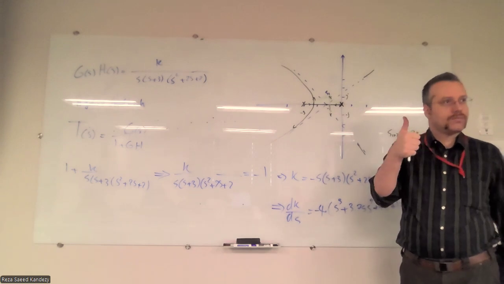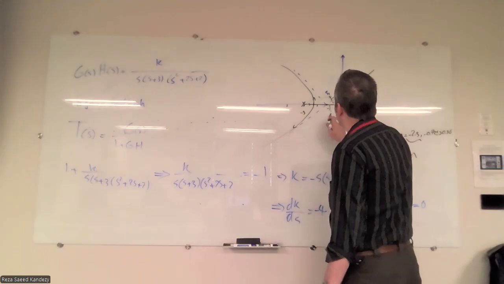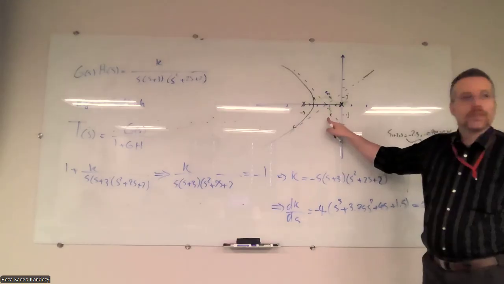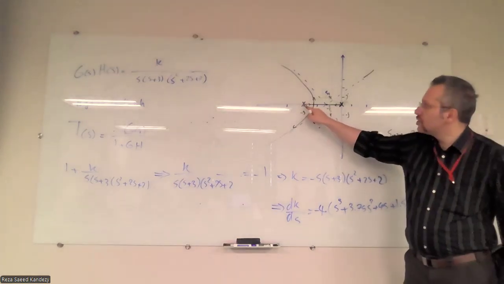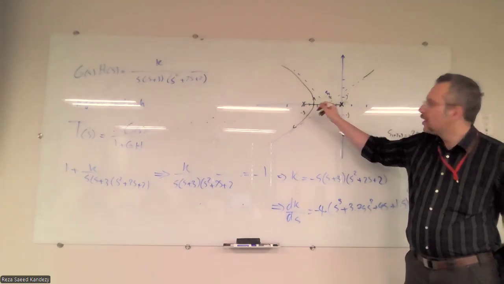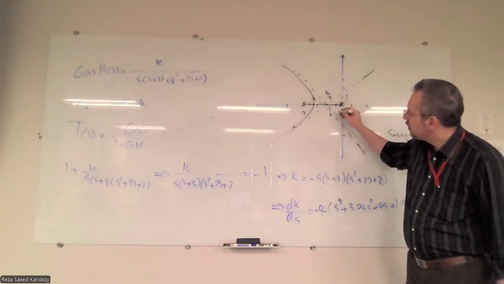Are we good? So we have phi1 here. This one is almost perpendicular to the real axis. So this one is going to be 90 degrees. And again, we can use the tangent inverse rule, and find the, let's say, phi2, and this is phi3.